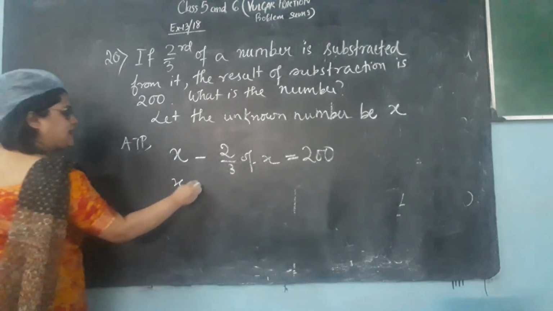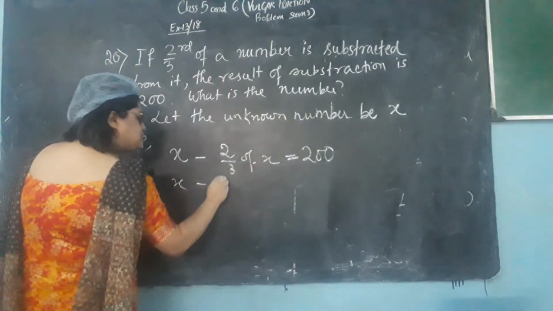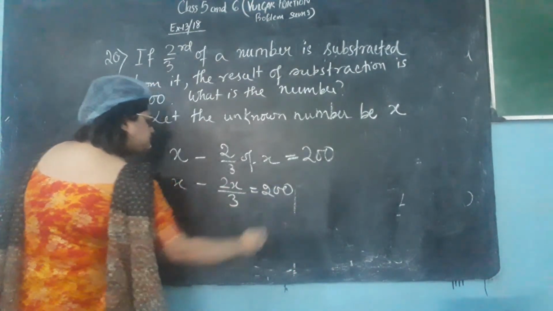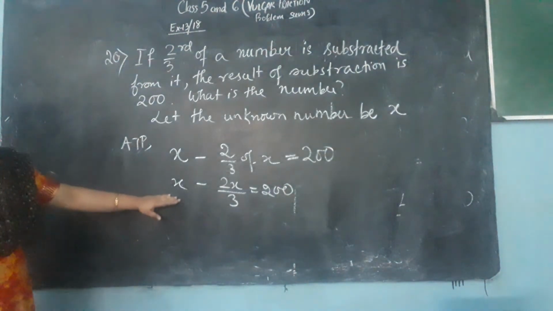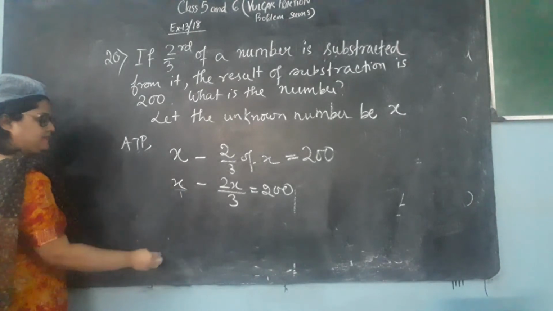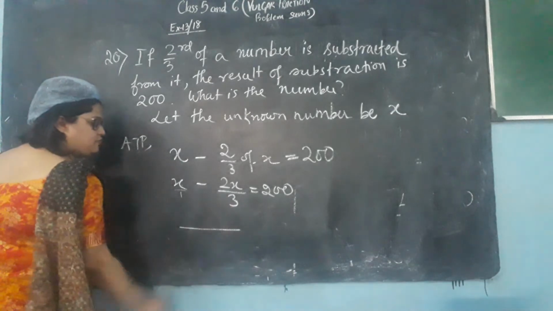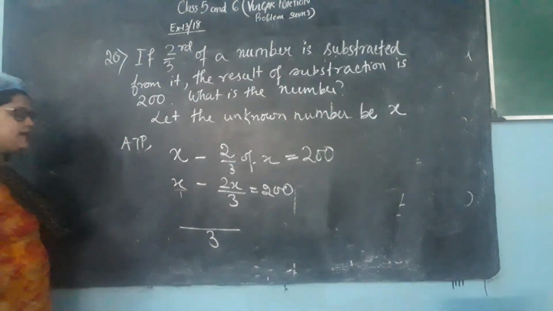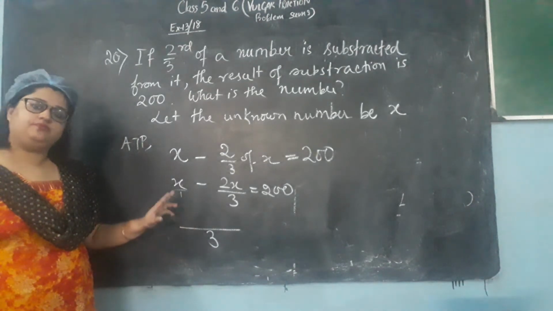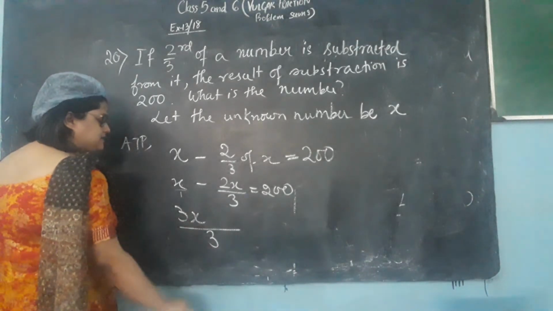So x minus 2/3 of x means multiply. So 2 into x will give you 2x by 3 equal to 200. Now here you don't have anything in the denominator part, so you can make it 1. So what is the common denominator? 1 and 3, always with 1 if you have any number, the number comes back. Now you have to compare the denominator. 1 into how much gives 3? 3. That 3 if you multiply with the numerator x gives you 3x.